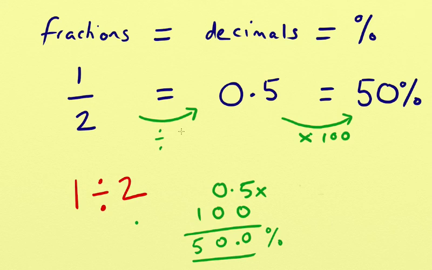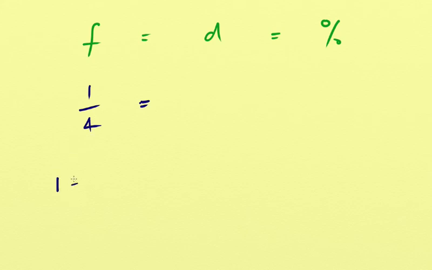So I'm just going to give you another example of how to convert with another number so you can see that. I'm just going to shorten this to fraction, which is equal to a decimal, which equals percentage. Let's say we had a fraction of a quarter. So as a decimal, it's going to be 1 divided by 4.